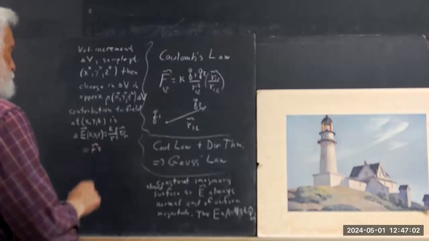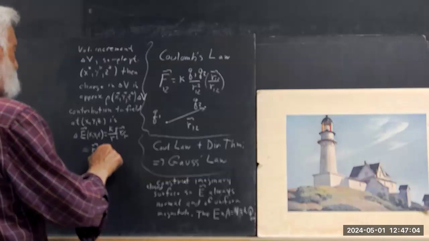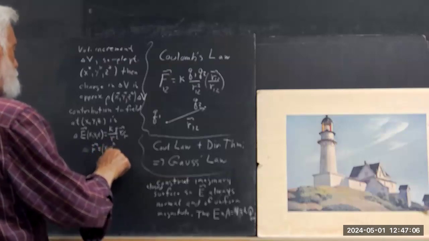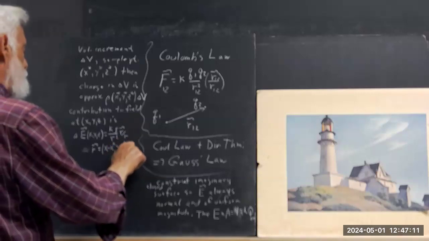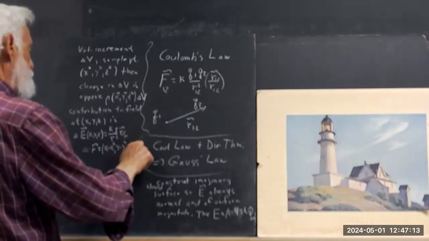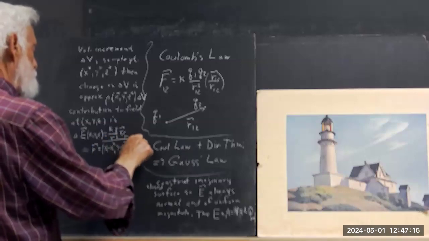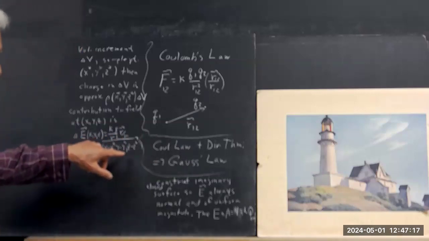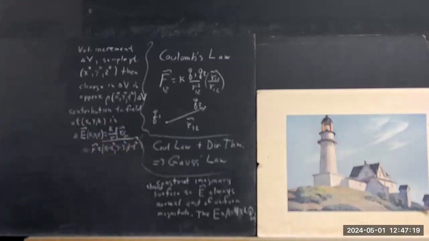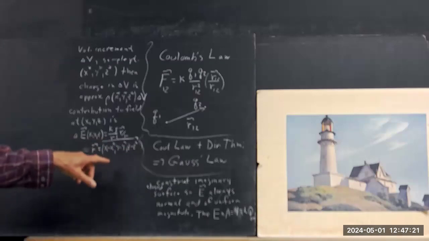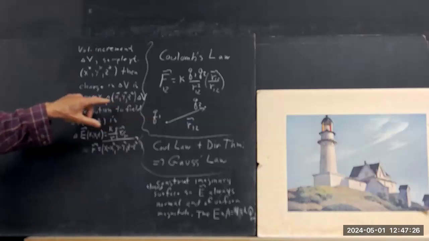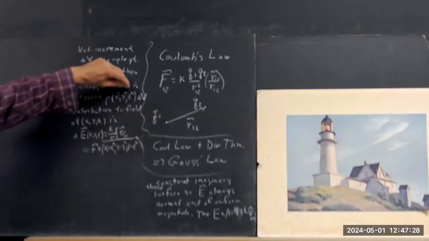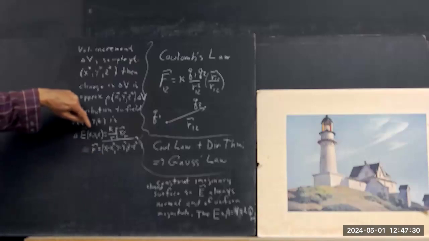Your R vector is the x minus x star, y minus y star, z minus z star vector, the vector from your sample point to your field point.